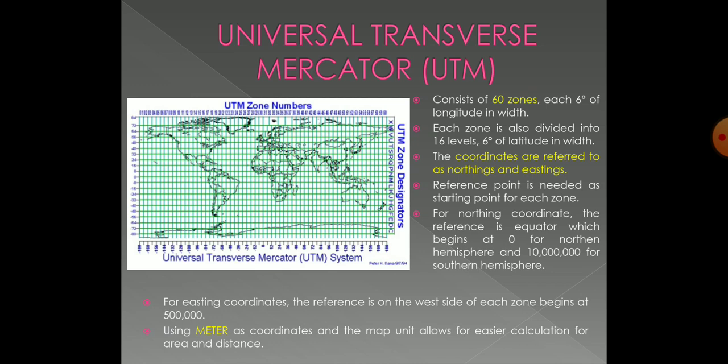So for any location within a single grid zone, a northing and easting coordinate can be calculated to represent the number of meters north of the equator and the number of meters east of the reference point. This system uses the meter as a unit because this allows for easy calculations of area and distance, and it is the easiest method for navigation as well.